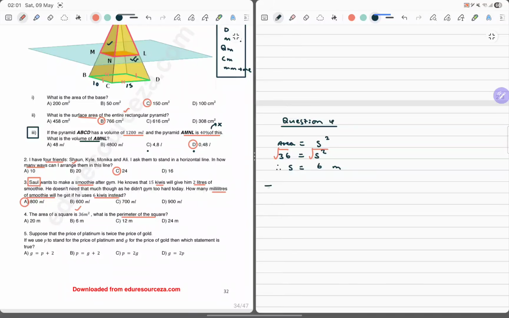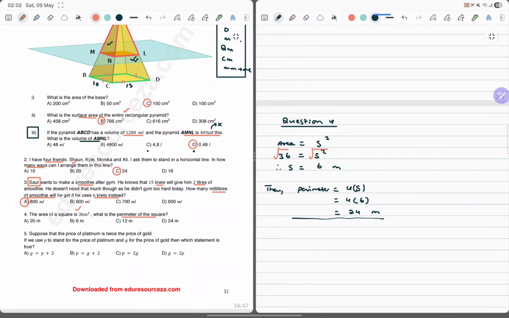So what's the perimeter? We know that the perimeter is going to be 4s, right? It's 4s, not 4 plus s. So this is going to be 4 times 6. This is basically 24 meters.